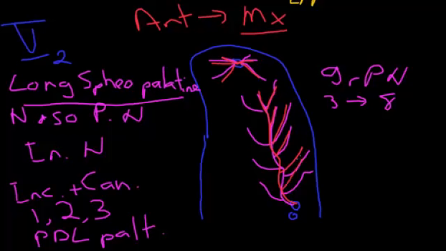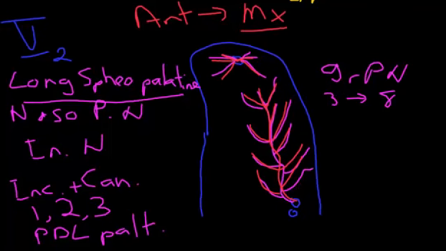So for example, the one I'm drawing at the moment would be called the greater palatine artery, and this one here would be called the long sphenopalatine artery, and that brings blood to the palate. So this is the nerve and artery supply of the palate.